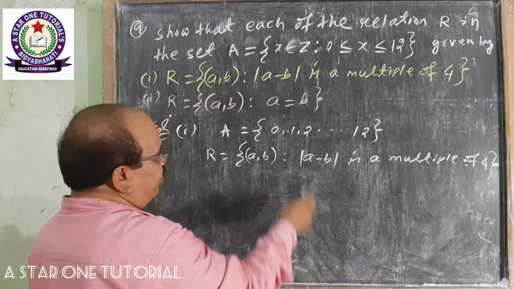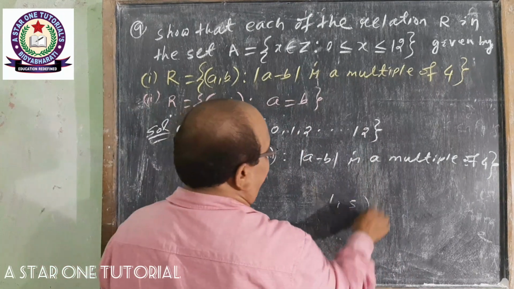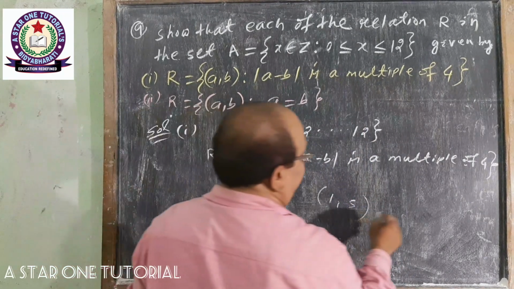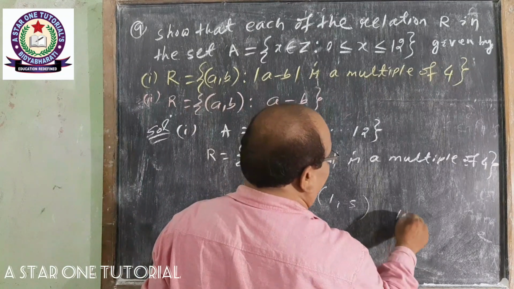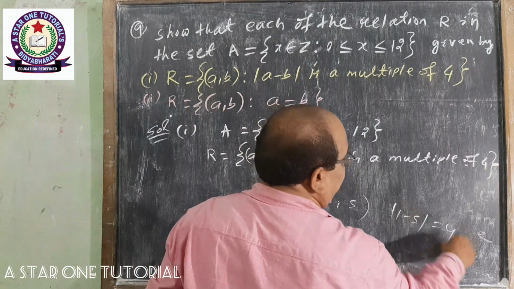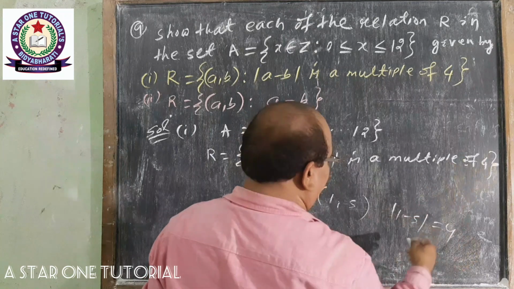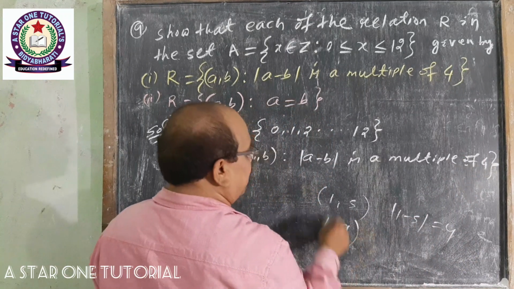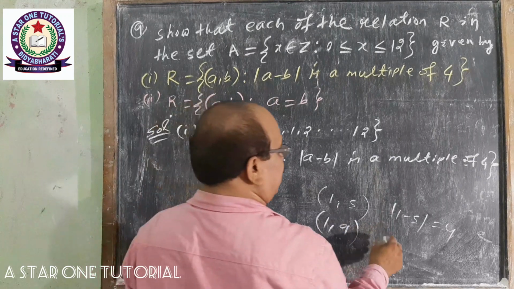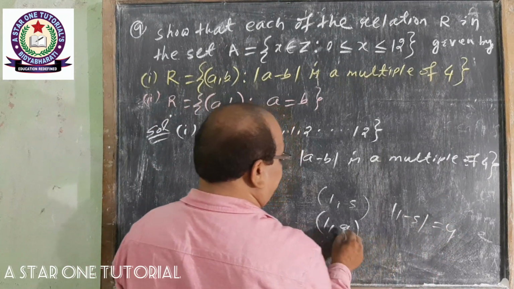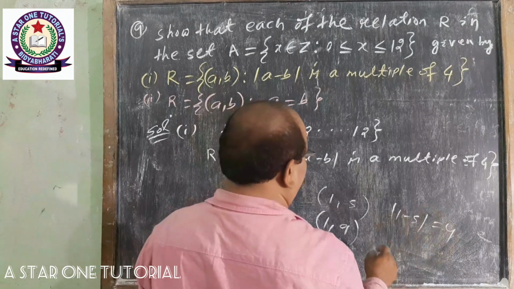Again, if we take 1 and 5, the difference of 1 and 5 is 4. Modulus of 1 minus 5 is 4, and 4 is a multiple of 4. If we take 1 and 9, it is also a multiple of 4. The difference between these two is also a multiple of 4.